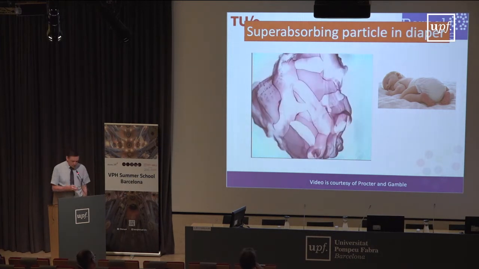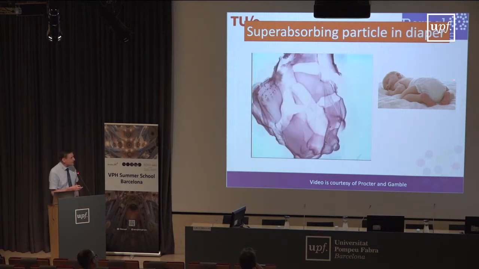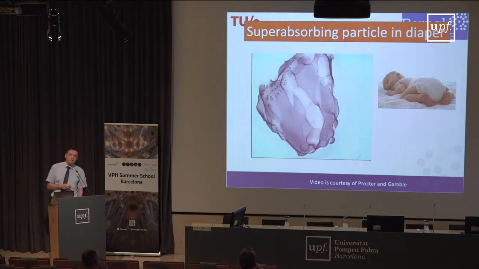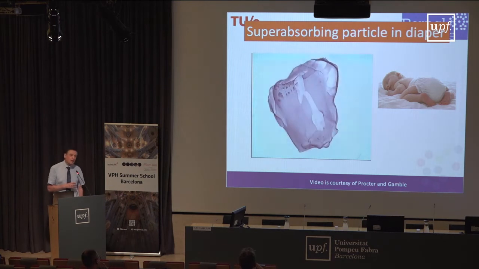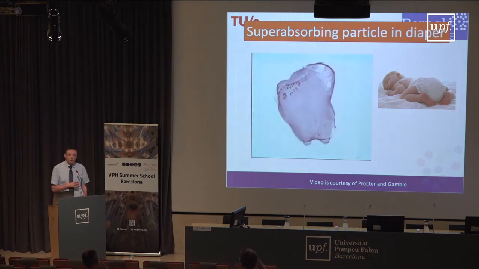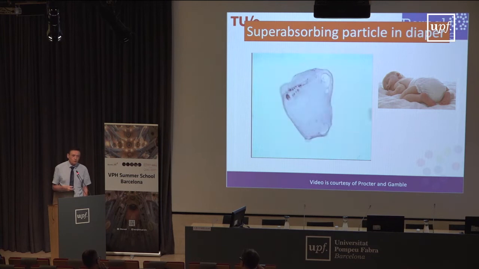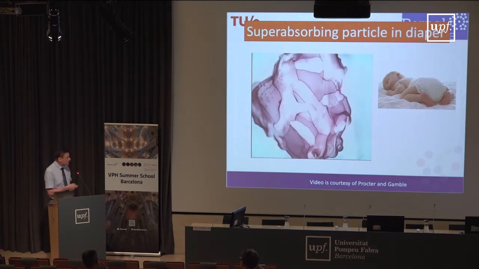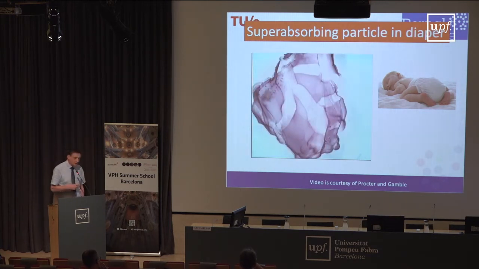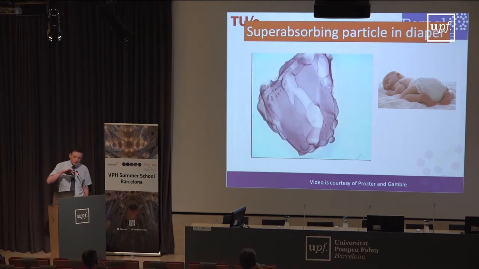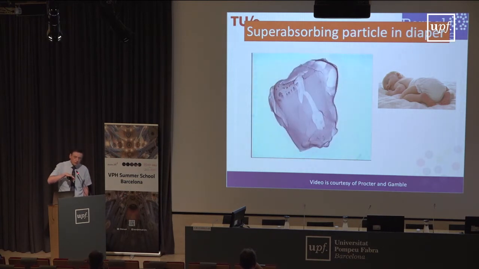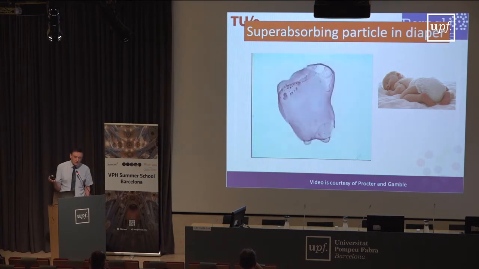And if you go down to what happens inside the diaper, you find small beads of hydrogel, which swell about 30 times their own volume. And they're actually surrounded by some kind of a cross-linked layer on the outside.